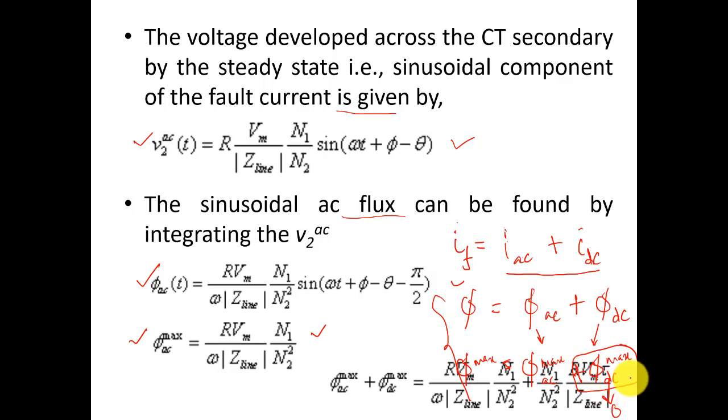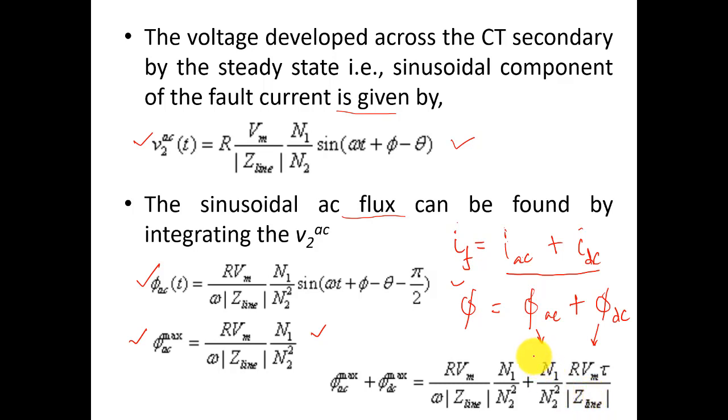Okay, so now we can see the total maximum flux, already I told, that will become this. This will be phi AC max plus phi DC max, that is equal to RVM by omega z line times (N1 by N2) square, plus (N1 by N2) square times RVM tau by z line, right?